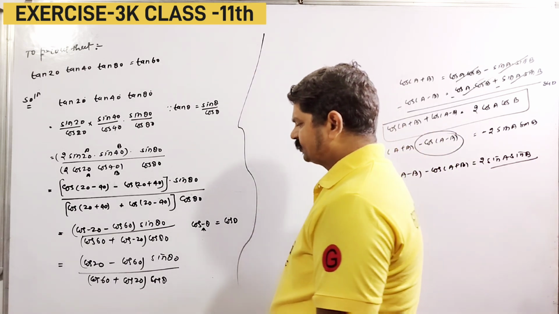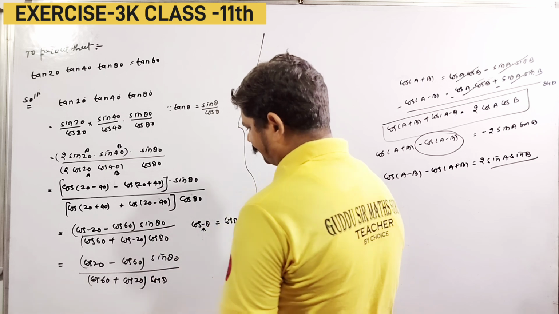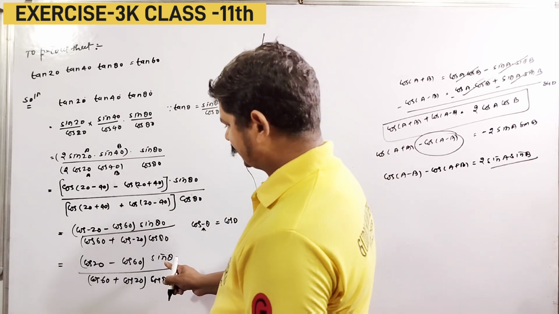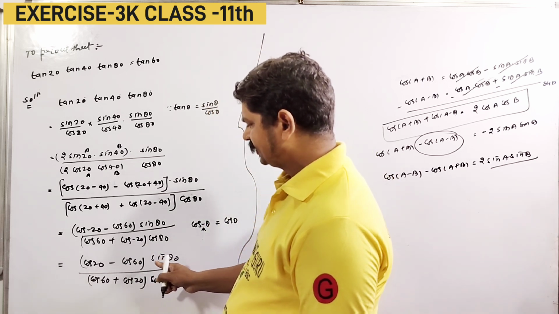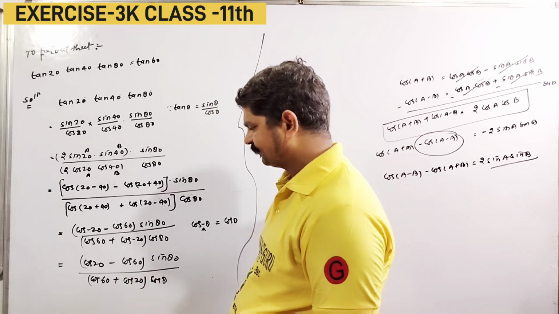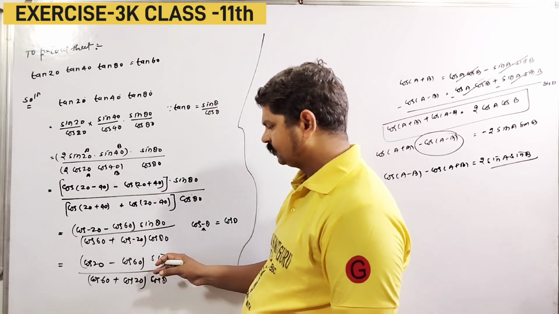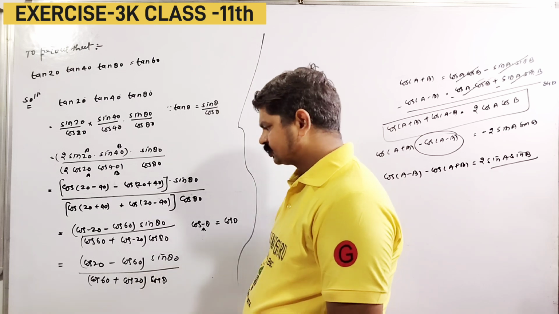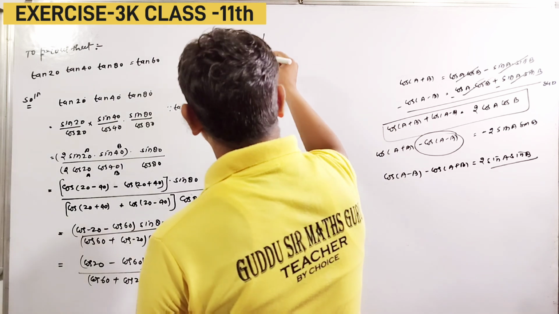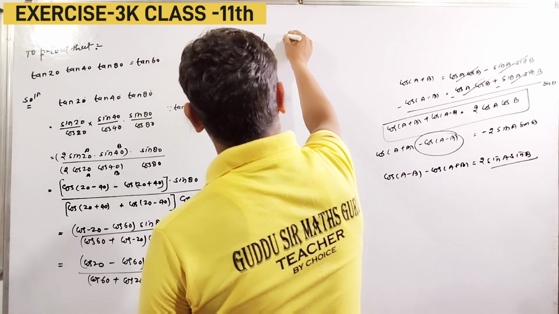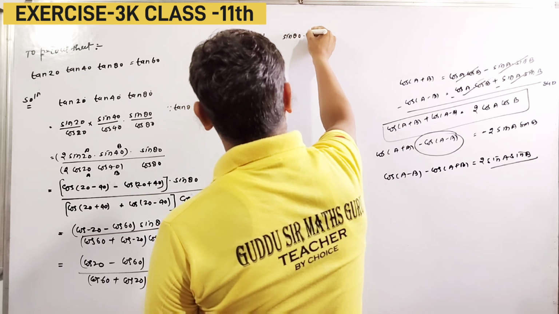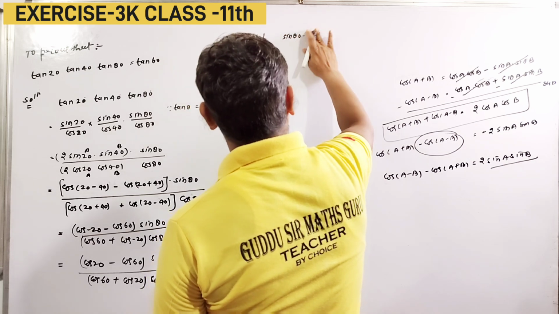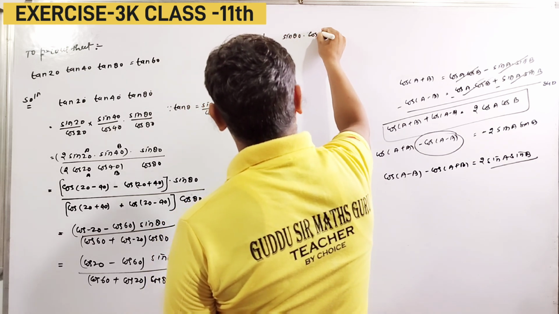So now what will you do? You will multiply. First you multiply sine 80 by cos 20 degrees. After that you multiply sine 80 by cos 60. So when you multiply, this comes to sine 80 into cos 20 degrees.